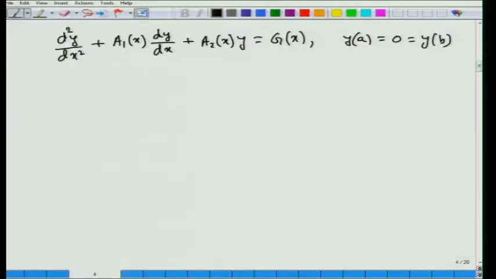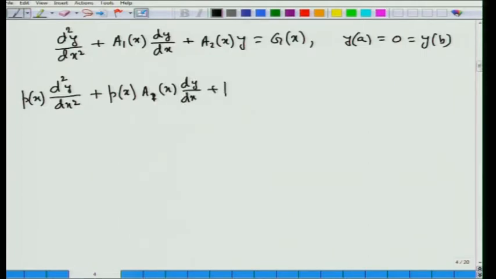The answer is yes, this can be done, because this equation d 2 y dx 2 can be multiplied by the function p of x, which results in p of x d 2 y dx 2 plus p of x a 1 of x dy dx plus p of x a 2 of x y, that is equal to p of x into capital G of x.